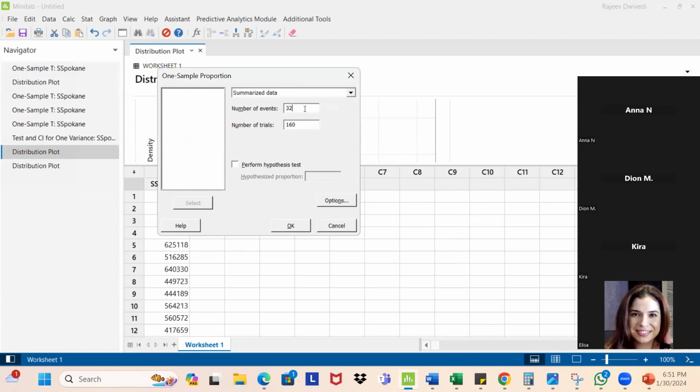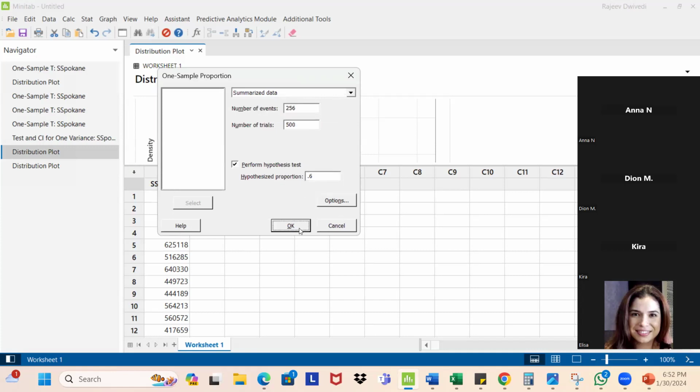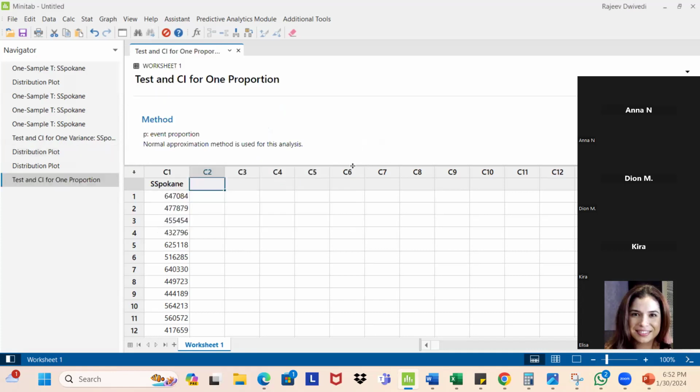I have to collect the data of my sample. Let's say I collected 50 or 60 or 70 students, or let's say the number of trials I did was 500, and out of that I got something like 256 at research universities. Then I said 60%, so 0.6, and by default 90%, and then I test the hypothesis.